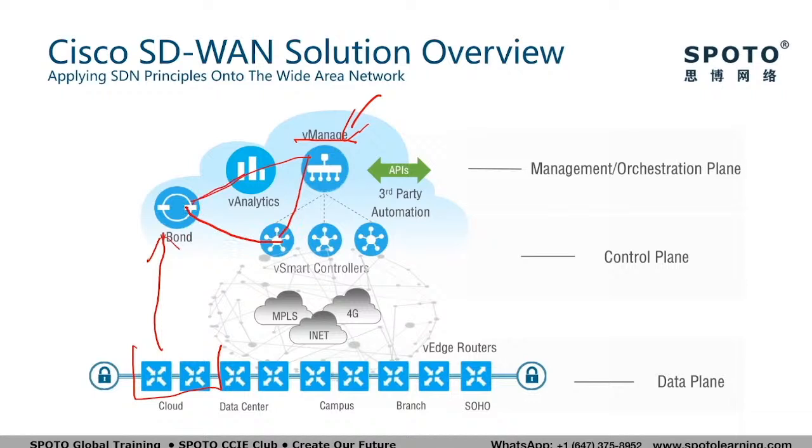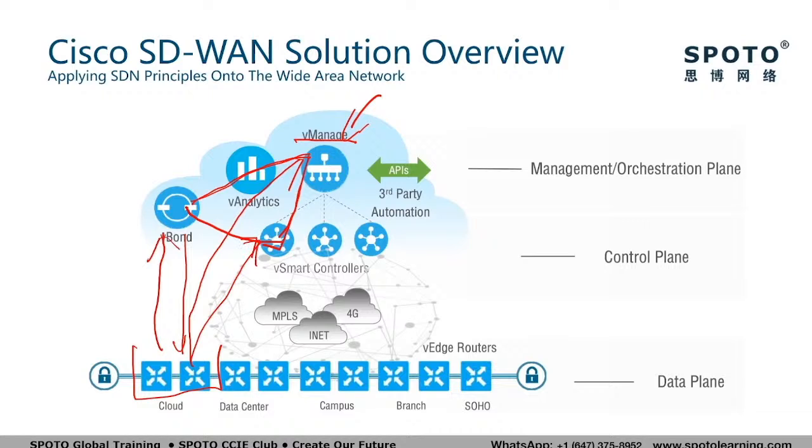These three are like a triangle of controllers. vBond will tell the vEdge router who is the right vManage it should talk to, and who is the right vSmart controller it needs to talk to.